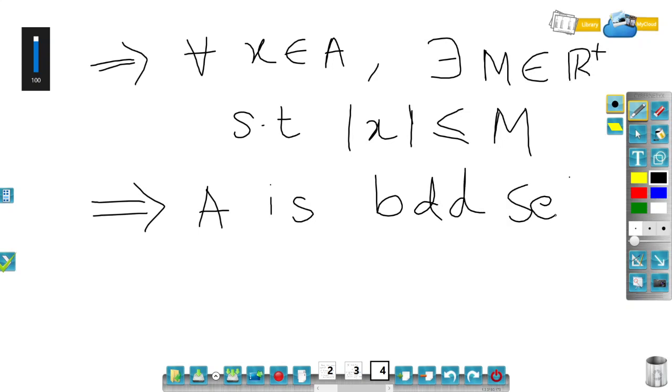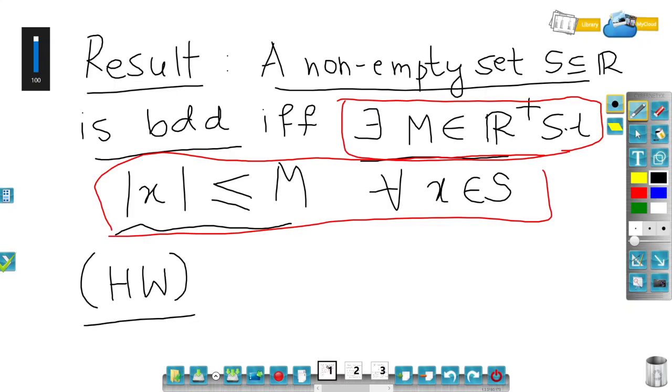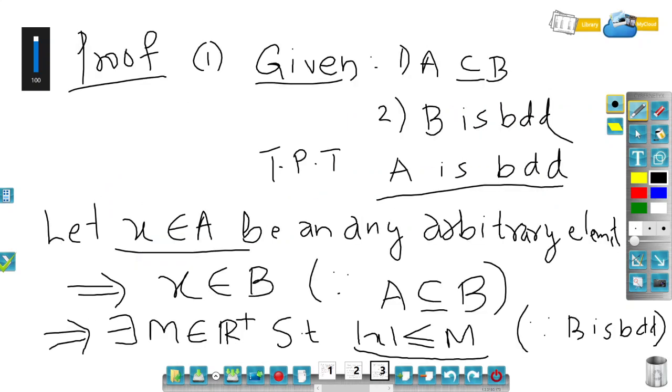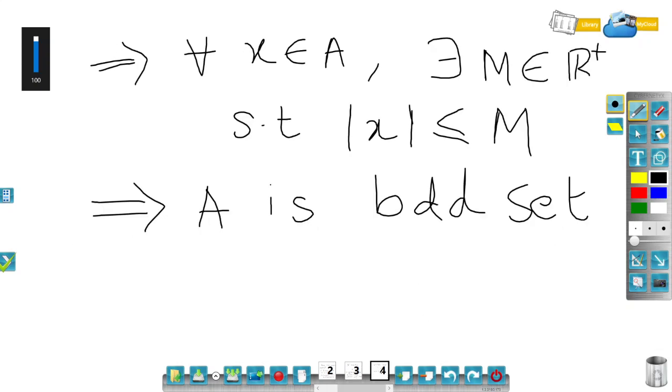Why is it a bounded set? Because if you remember, in the very first slide I said that if mod x is less than or equal to M, then we call that set a bounded set. Here S is bounded, and now we have shown it for A. So this would imply A is a bounded set.